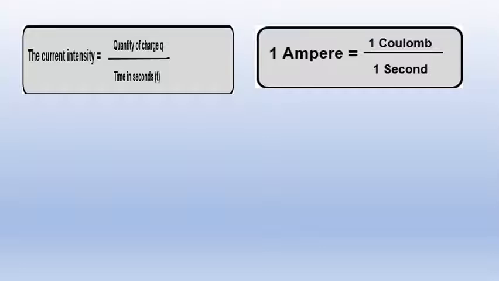Okay, now let's see how can I define the coulomb. What's meant by coulomb? Coulomb is a measuring unit of the quantity of electric charge.